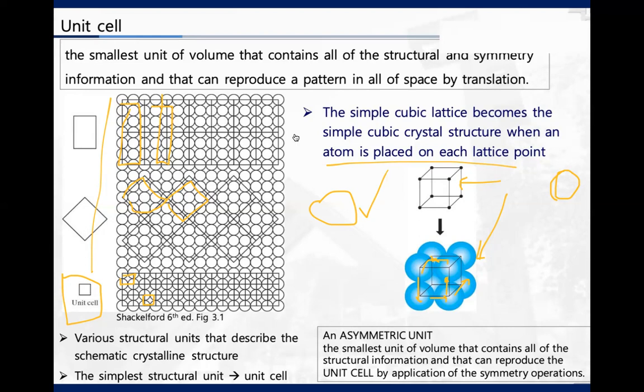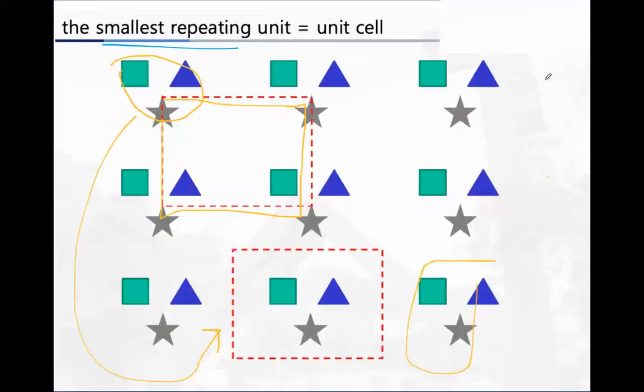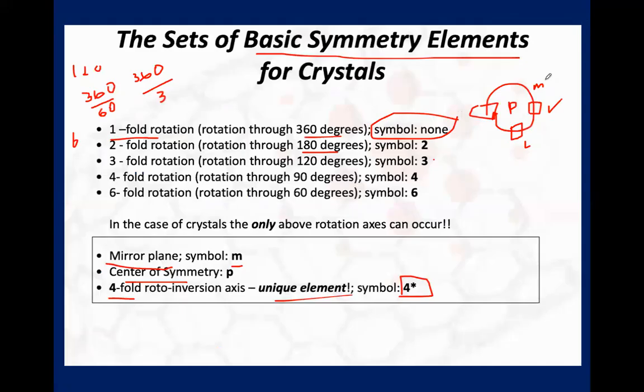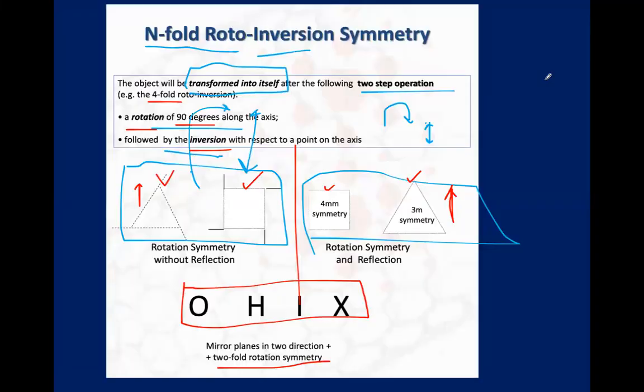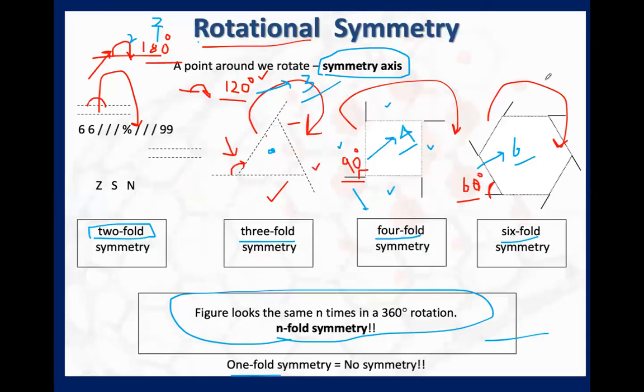All right, do you have any questions up to now? These symmetric operations are very important, so remember how to find the n-fold symmetries. N-fold symmetries can be found by rotating 360 degrees and counting how many times you see the same configuration of the crystal.